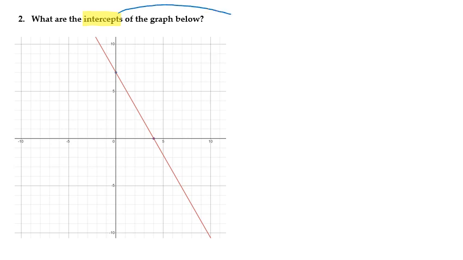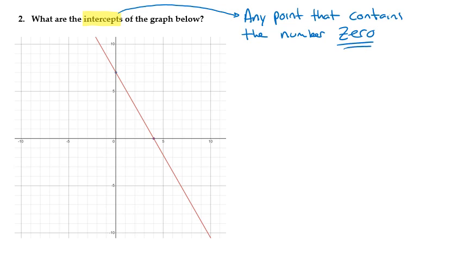Specifically, intercepts are points. So an intercept is any point that contains the number 0. Any point that contains the number 0.